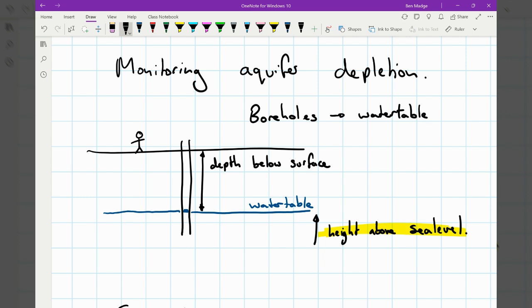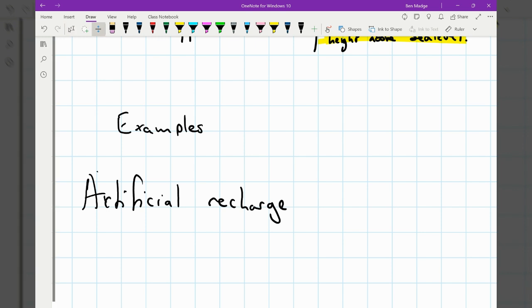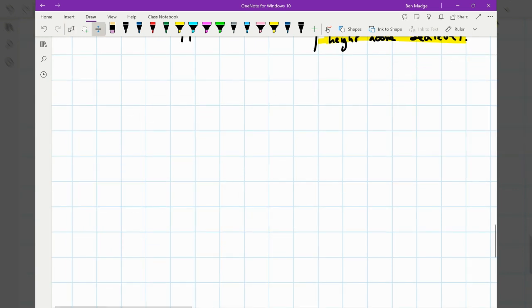But this can be quite slow or difficult over large areas. So for large areas and constant monitoring and frequent returns to the same area, we turn ourselves back to satellites.